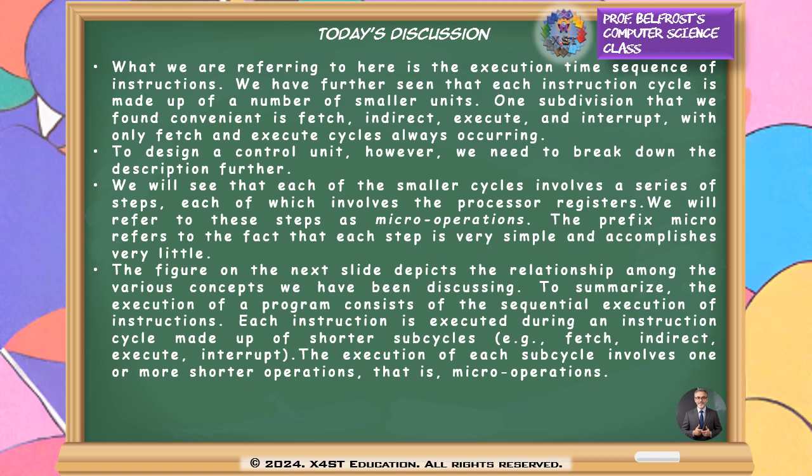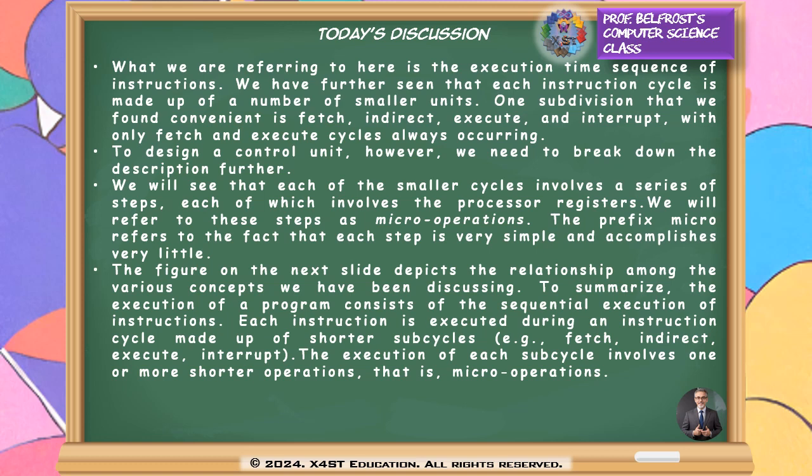To design a control unit, we need to break down the description further. Each of the smaller cycles involves a series of steps, each of which involves the processor registers. We refer to these steps as micro-operations. The prefix micro refers to the fact that each step is very simple and accomplishes very little. On the next slide, a figure depicts the relationship among the concepts we have been discussing.